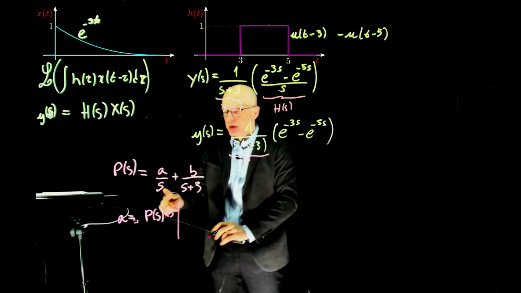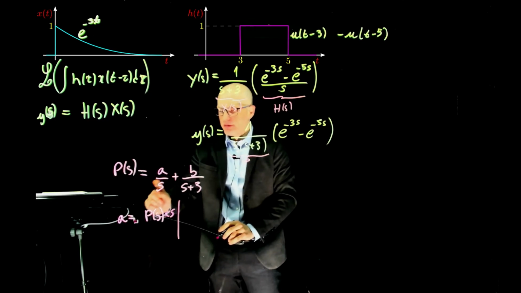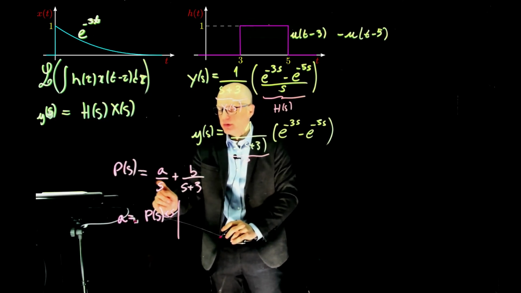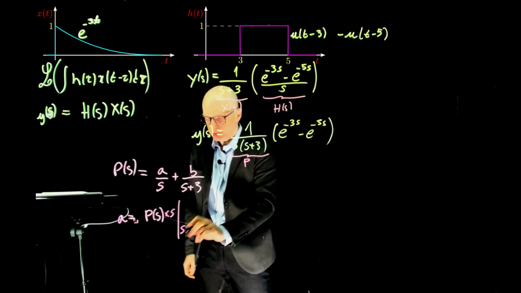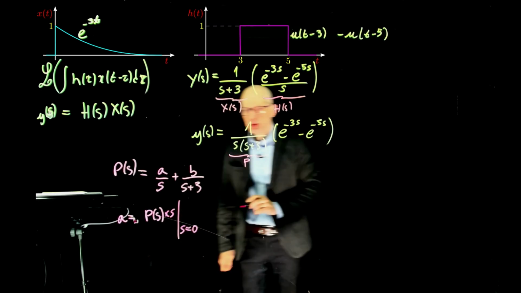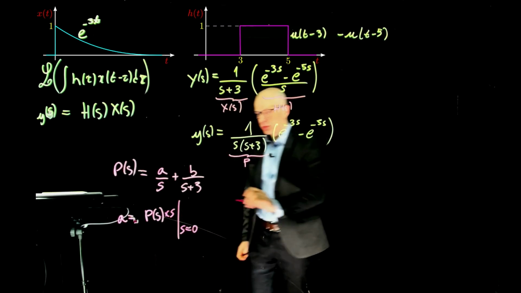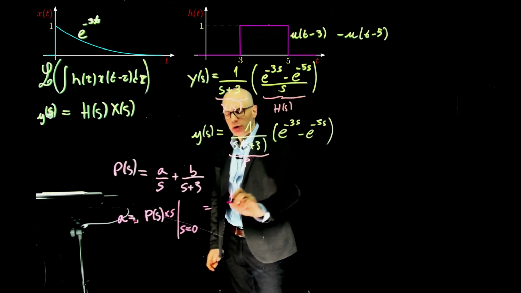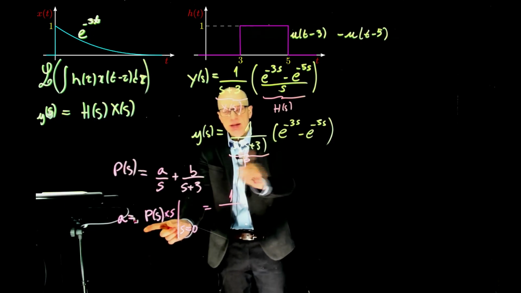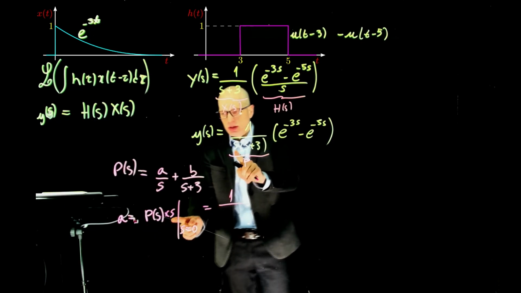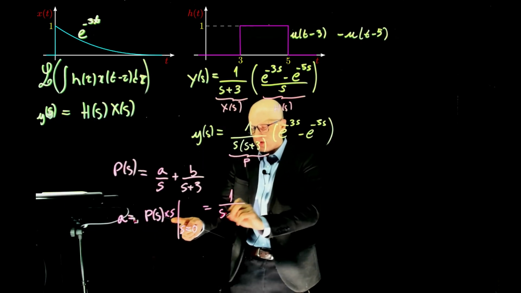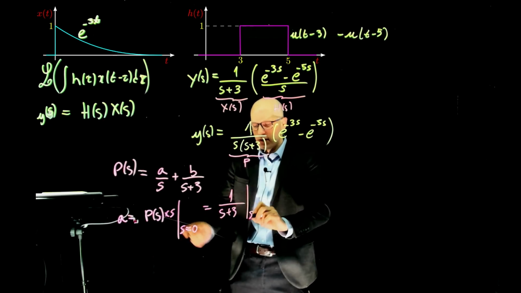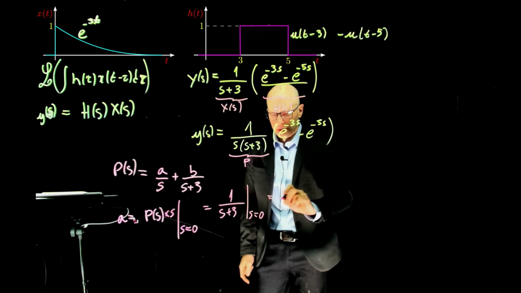And this is evaluated at the value of s that makes the denominator 0. So this would be s equals 0. So this gives 1 over s plus 3, since this s and that s cancel out, evaluated at 0, which is 1/3.